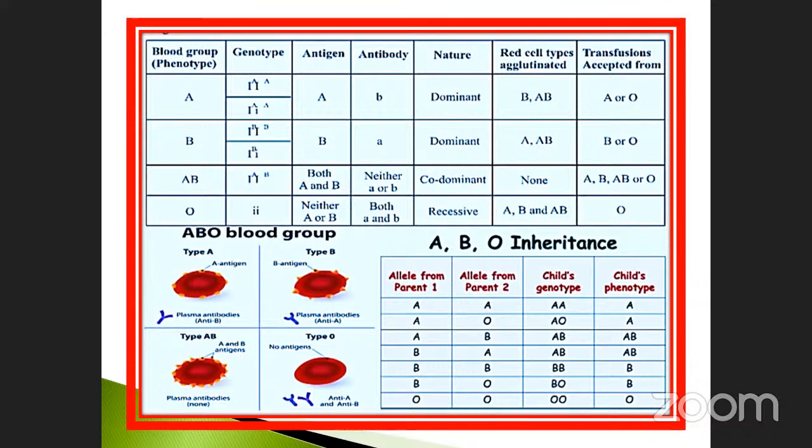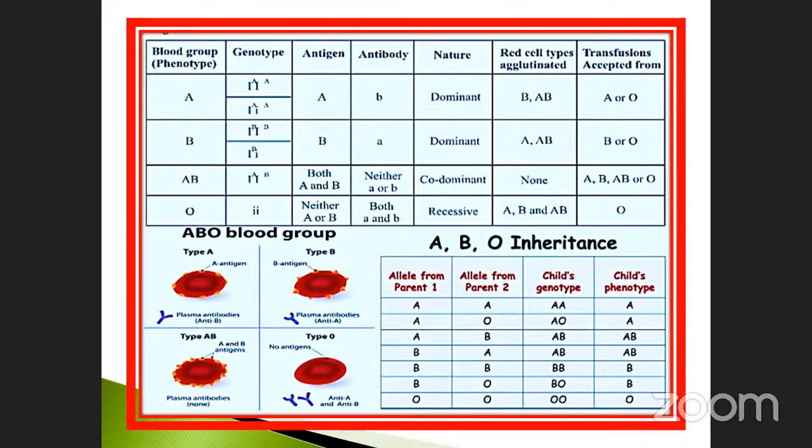Antigen, we already know. Blood group A has antigen A. Blood group B has antigen B. But the antibody is different: A antigen, B antibody; B blood group, B antigen, A antibody. Both are dominant, so in AB, both A and B are antigens, and neither A nor B is suppressed.